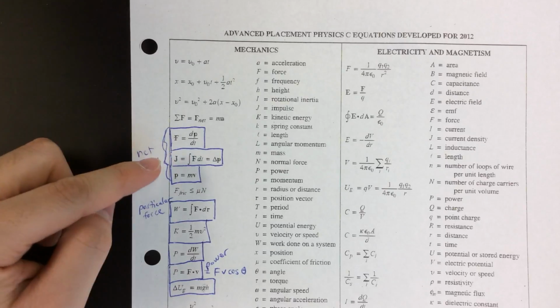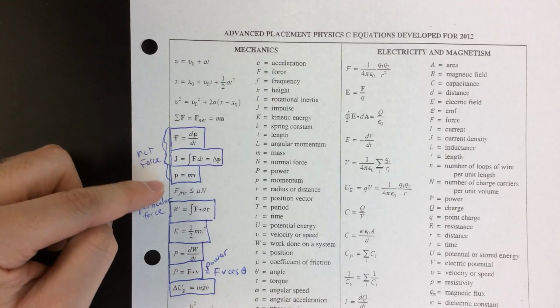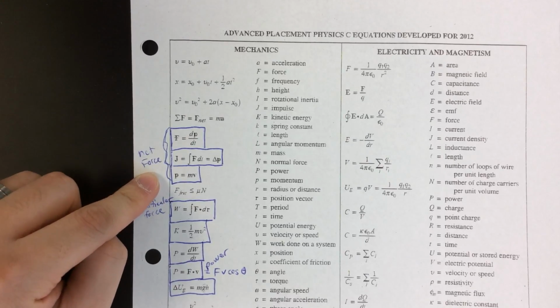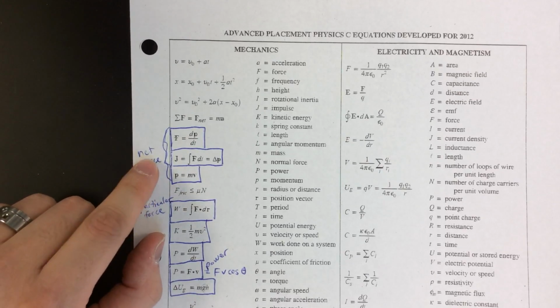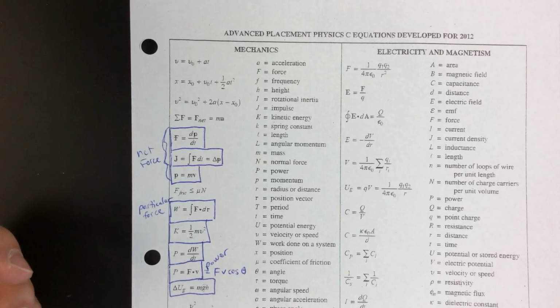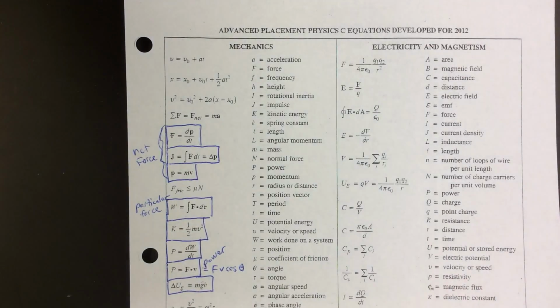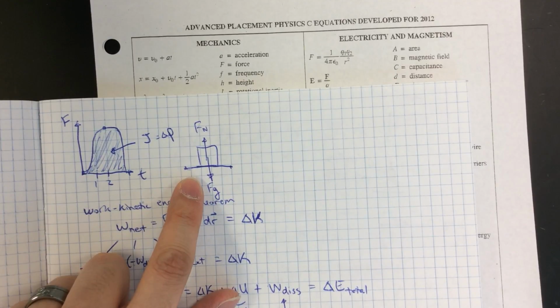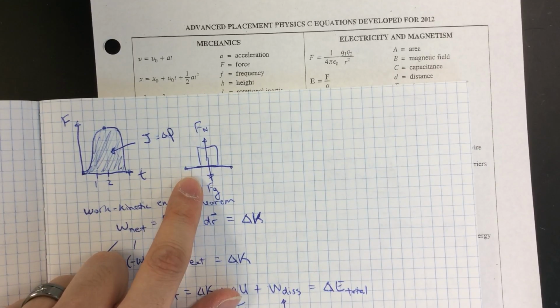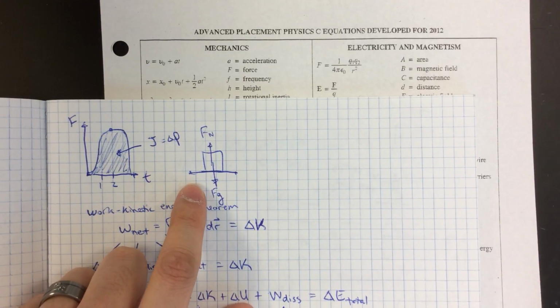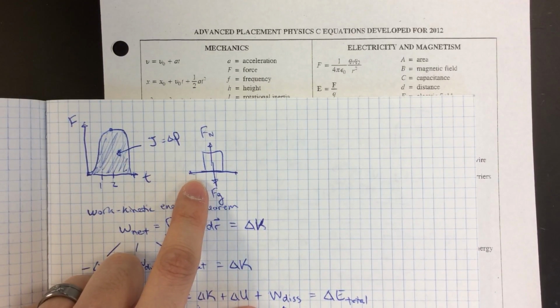One thing to know about momentum is that whenever you deal with momentum, you have to deal with net force. Your net force is the one that causes any sort of momentum change. So for example, if you have simply a box resting on a table, you can have multiple forces involved, normal force up and gravity down, but none of these are actually changing the momentum of the box.